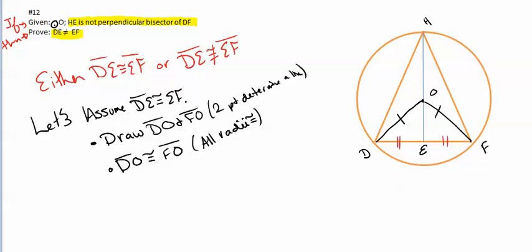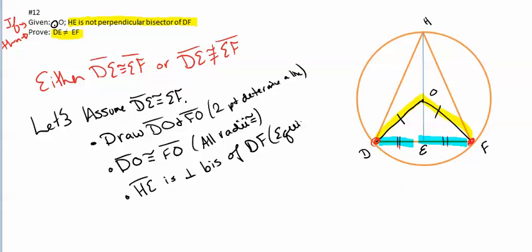Now, if you look at this picture, you see the two sets of congruent segments going to the end point of the segment. Therefore, you can then say that HE is a perpendicular bisector of DF based on the equidistance theorem.